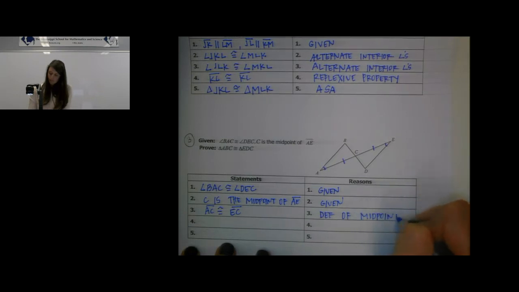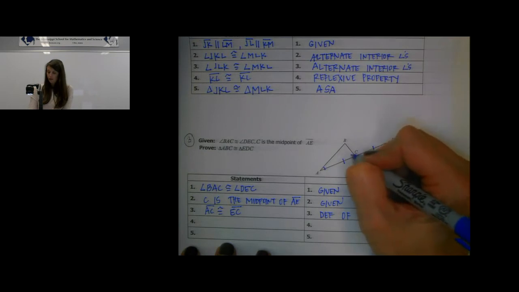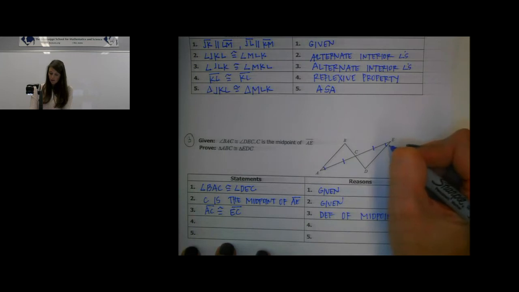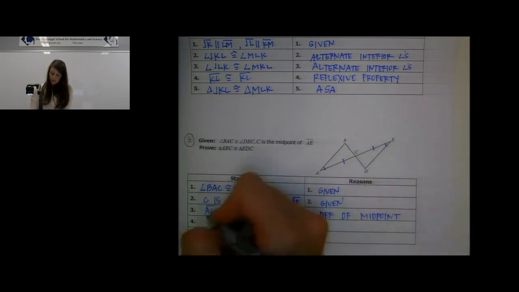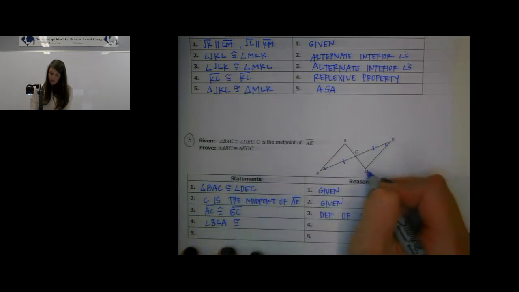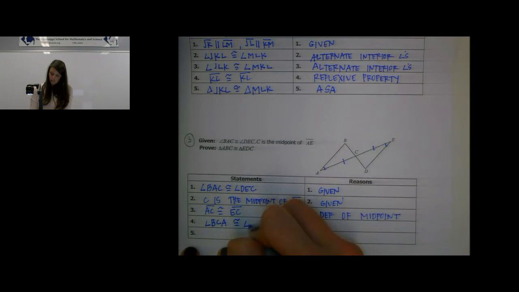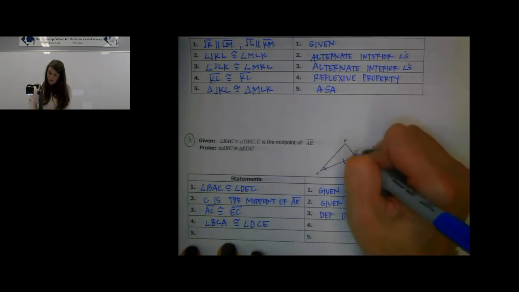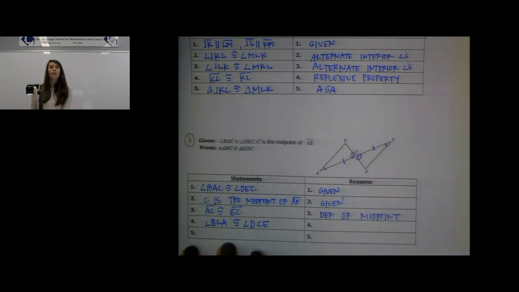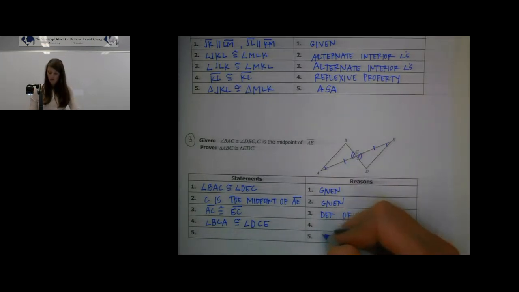Alright, so here this is a vertical angle, so angle BCA is going to be congruent to angle DCE. Instead of calling it just angle C both ways, those are going to be congruent. And why are those congruent? The vertical angles to each other. So, vertical angles.